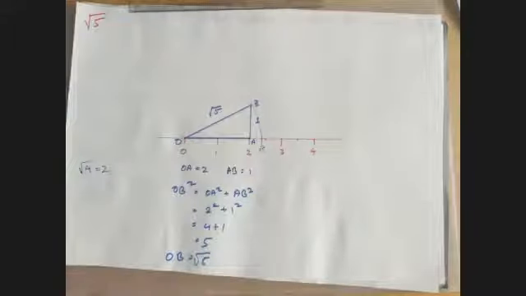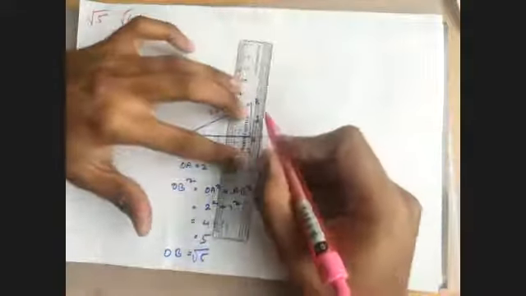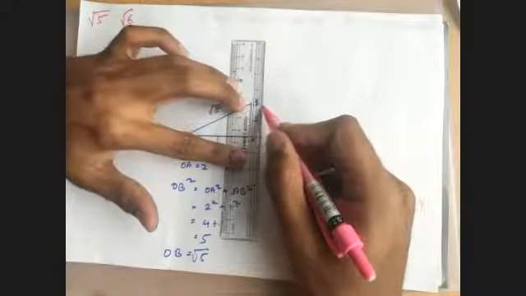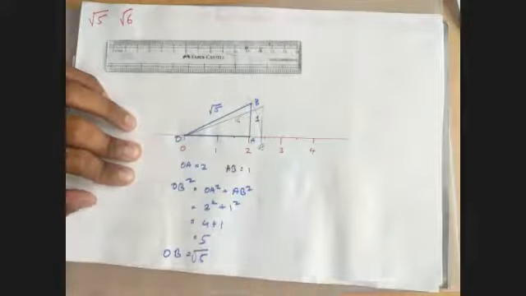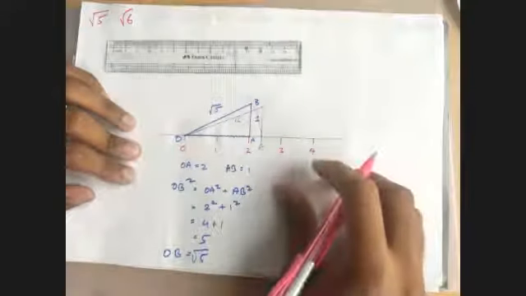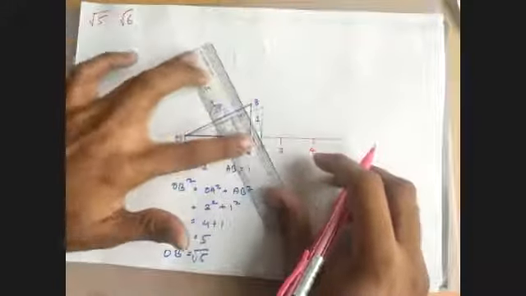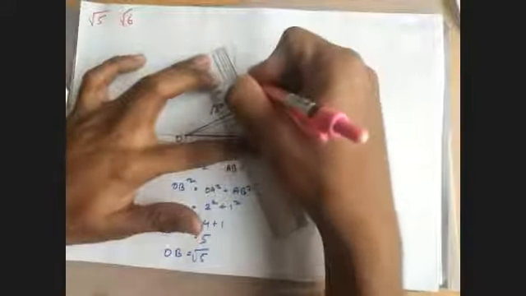So let us continue by finding the value of root 6. How do we do that? One way is to draw a perpendicular out here of unit length, and then draw the horizontal. So this is root 6 value. Or else we can draw a perpendicular to this line, of unit length.